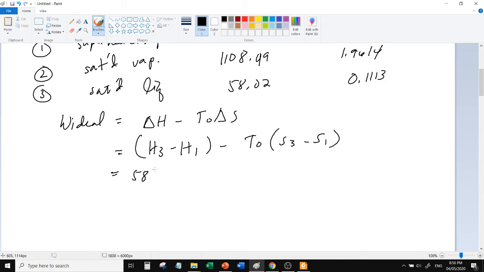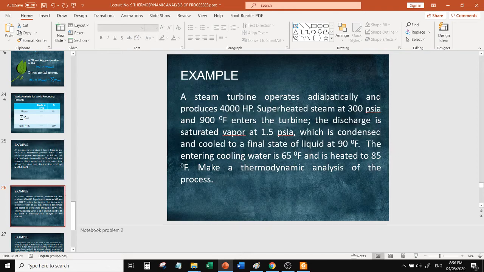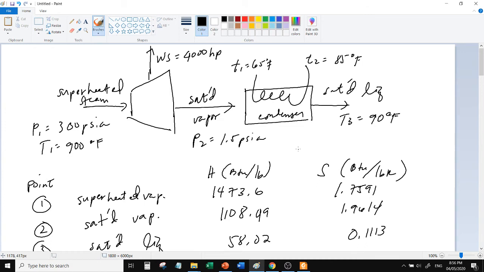So 58.02 minus 1473.6. T naught, assume natin na 65 degrees. Sinabi ba? Yes. Assume natin na yung T naught ay equal siya dito, yung sa surroundings. T naught equal to 65 degrees.